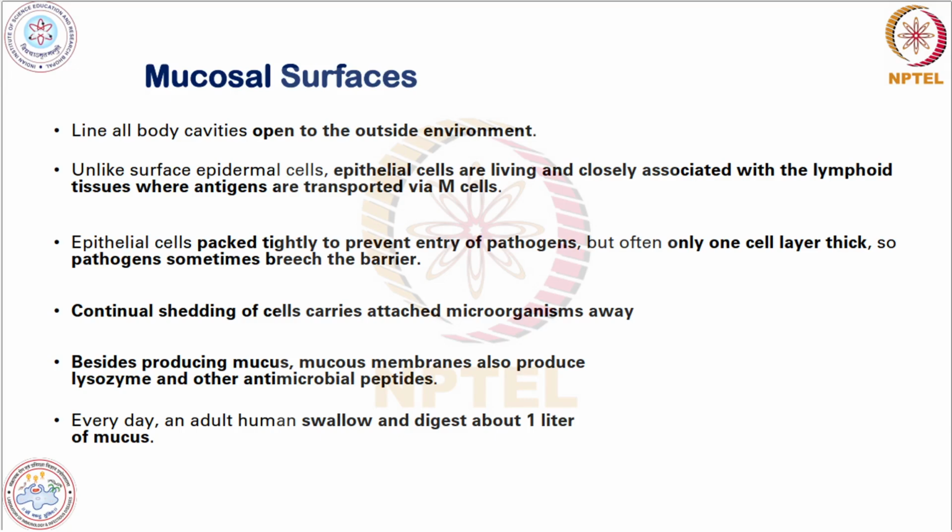So we'll move forward to the mucosal surfaces. What are these mucosal surfaces? These line our body cavity openings to the outside environment. They are found in the respiratory tract, digestive tract, and urogenital tract, which are the areas exposed to the outside environment.